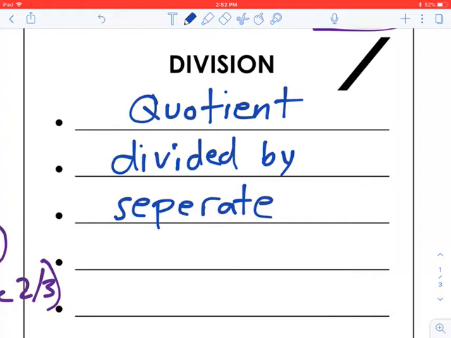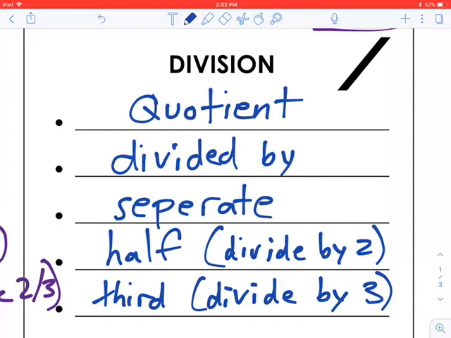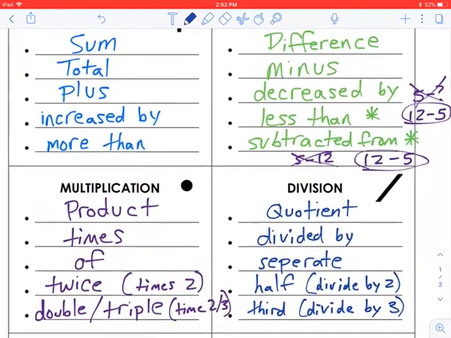Separate into 3 groups means divide by 3. Separate into 7 things, we're dividing by 7. And something like half means divide by 2. Half of something, you divide by 2. A third of something, divide by 3. Okay, so there's your keywords.